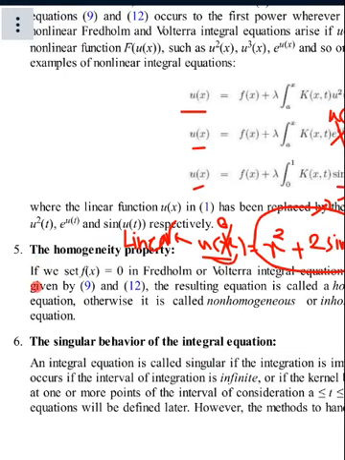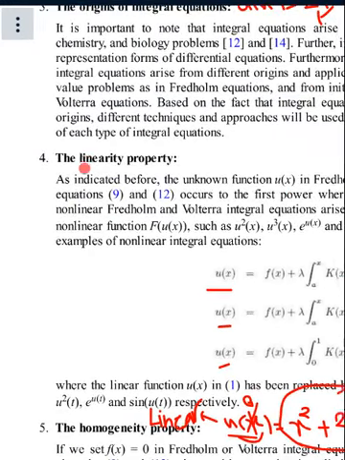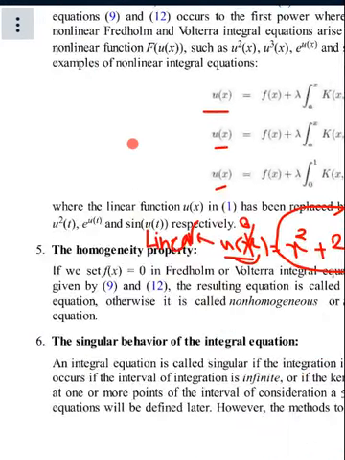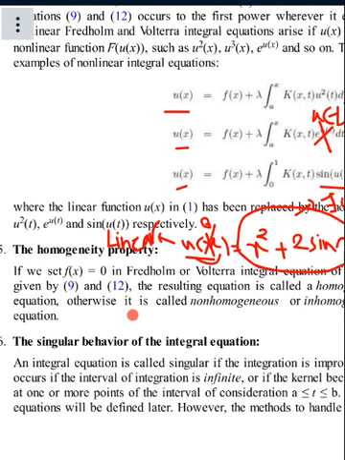In the number of remarks, I thought we had just 4 remarks. The next remark is related to the homogeneity property. It's completely different from whatever we said until now. It refers to the situation of the function f. We have 2 different situations for the function f.